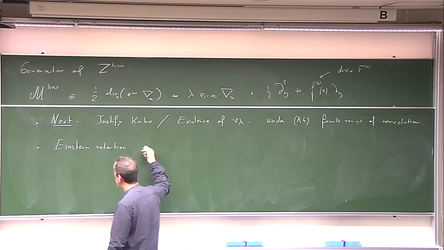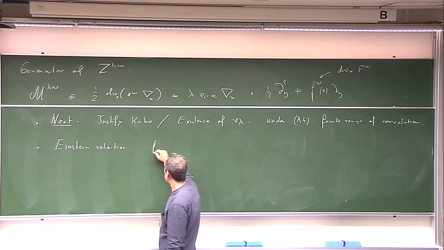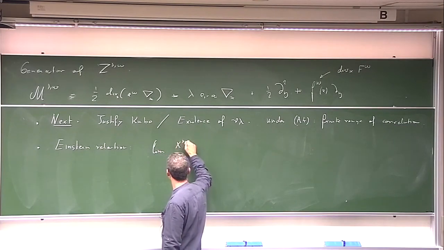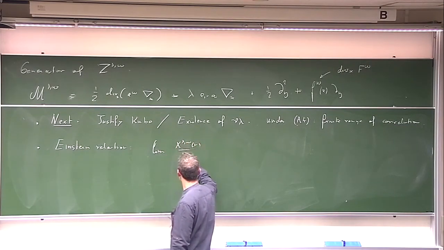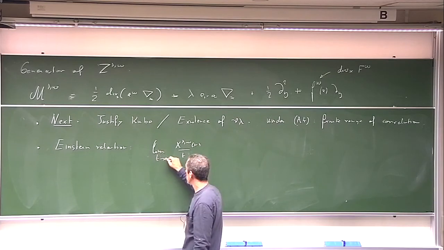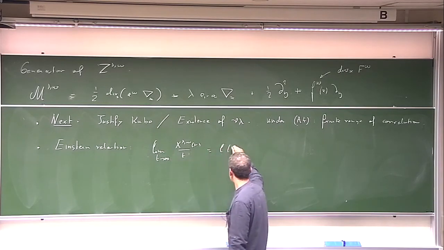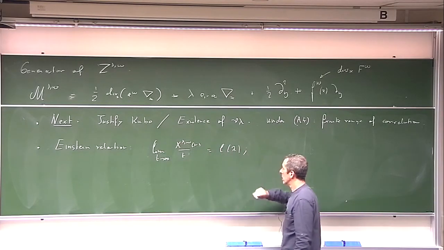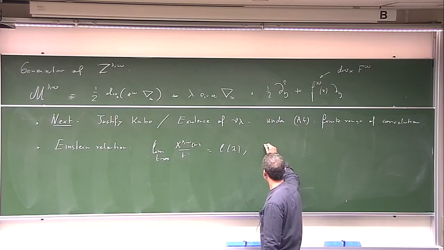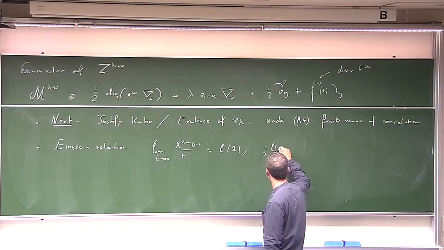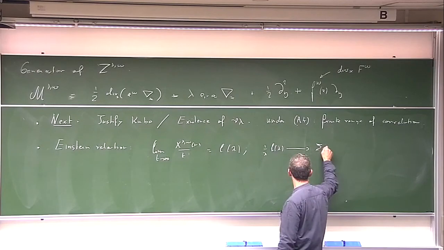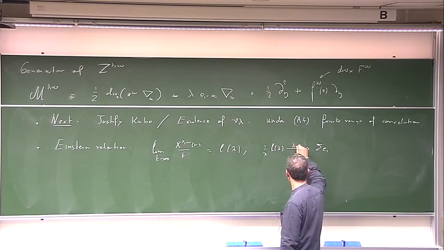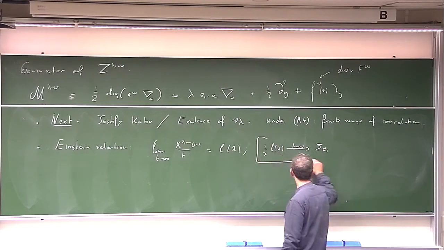And what we actually proved is that the limit of x lambda omega of t divided by t exists when time tends to infinity, so there is a law of large numbers. It gives an L of lambda, but this was already known. And what we really proved is that 1 over lambda L of lambda tends to sigma E1 when lambda tends to 0. And we call that Einstein relation.